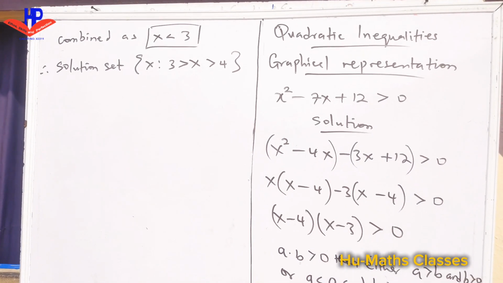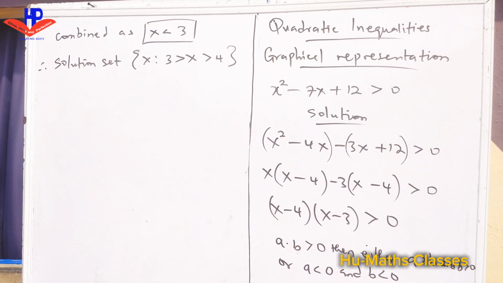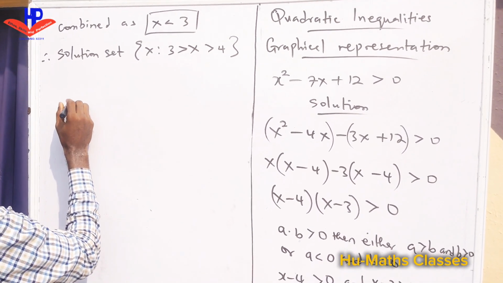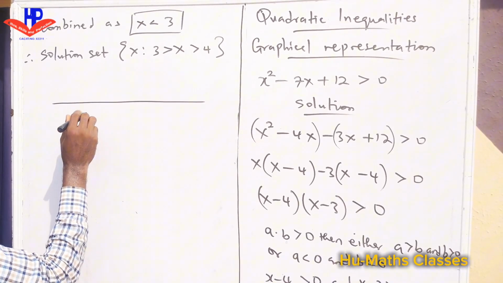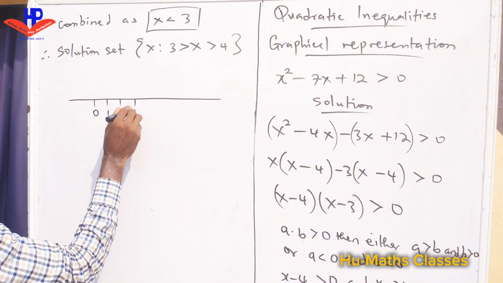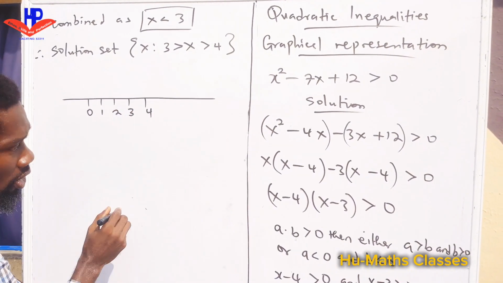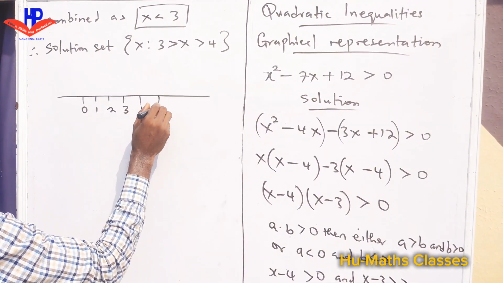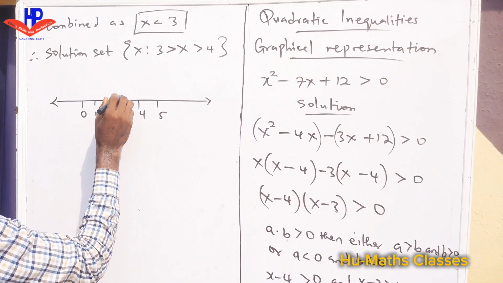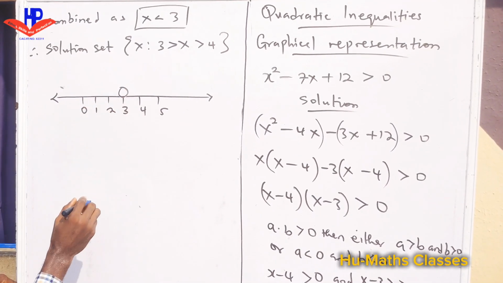So in the graphical presentation, we have the number line method. We'll draw a line, indicate our numbers, origin, 1, 2, 3, 4, 5. Let me stop at 5. So at 3, we have a circle put there.